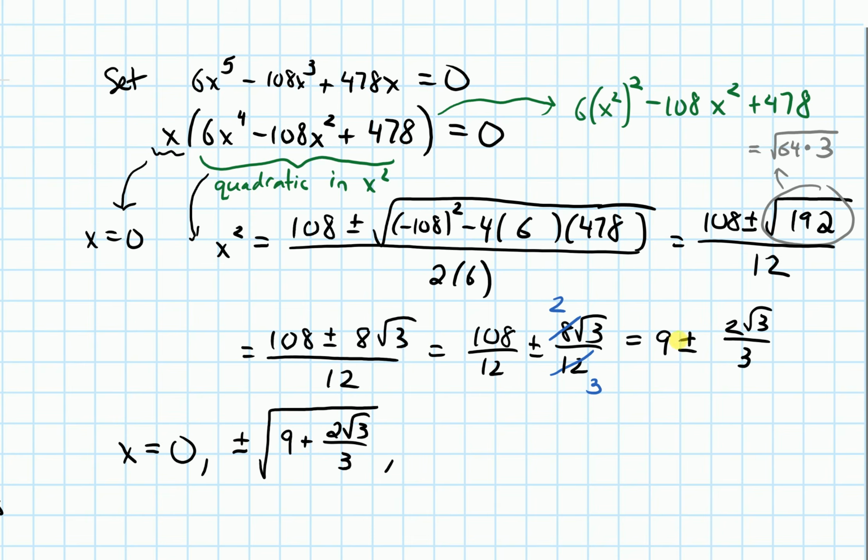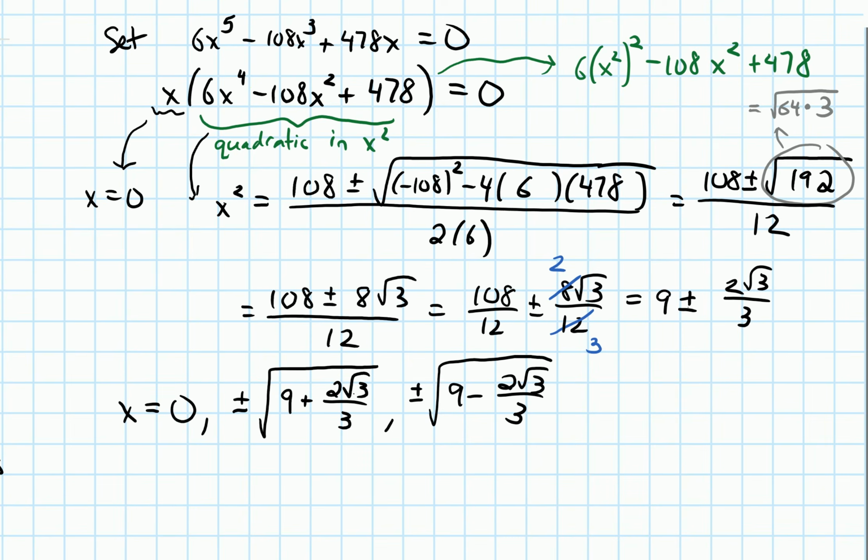The other possibility is from the negative version, 9 minus 2 root 3 over 3, and again, when I square root both sides, I get a plus or minus. Okay, so it's looking a little bit complicated. I got roots inside of roots, but this is something that we can handle without too much more effort.